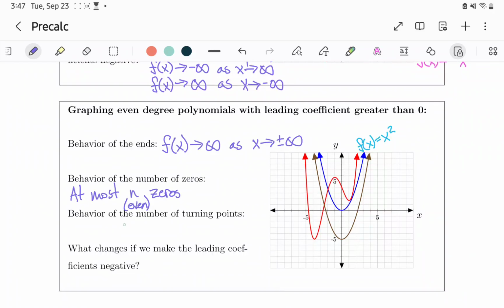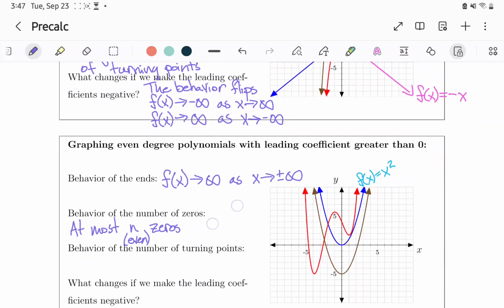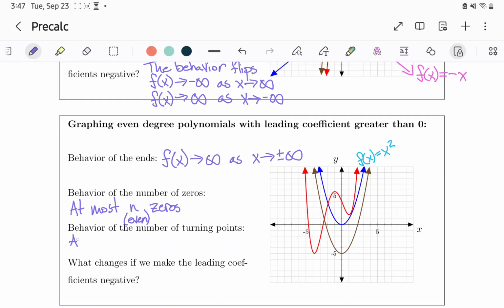But what we can say about the number of turning points is that there will be an odd number of turning points. So always an odd number of turning points.